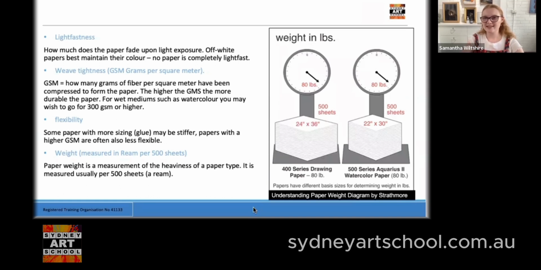So we measure weight when we're talking about paper in ream, and that's a measurement of 500 sheets of paper and how much that weighs. So we can think about paper weight because weight will usually also speak to the durability of the paper, what that GSM is. These are all sort of factors which feed into one another.